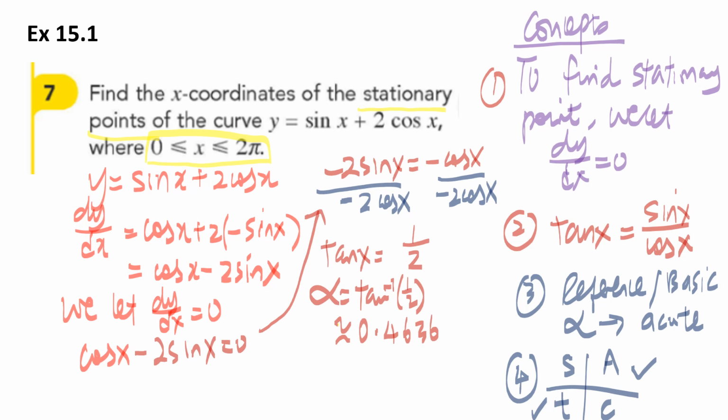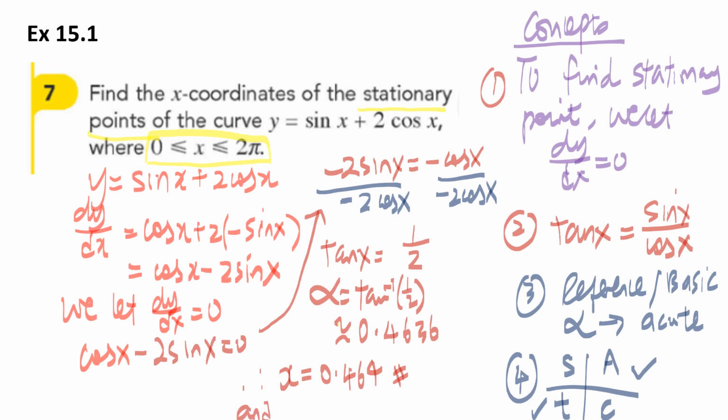Okay, and just now we mentioned that for tangent to be positive, the values of x must come from the first quadrant. So therefore your first answer would be 0.464, to three significant figures.